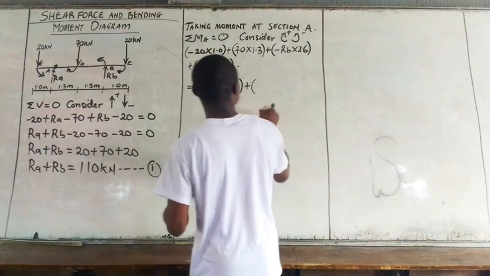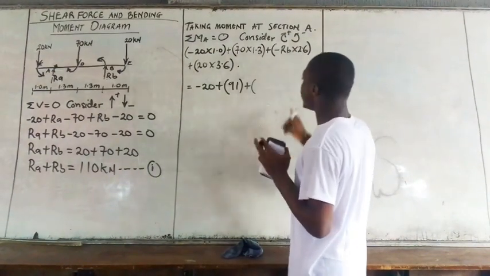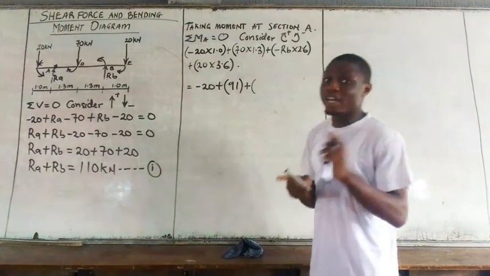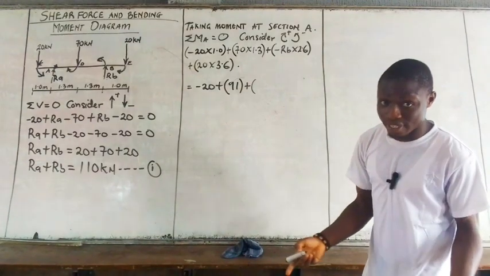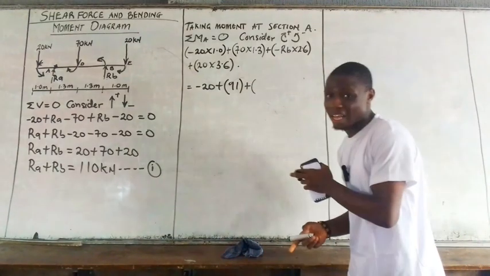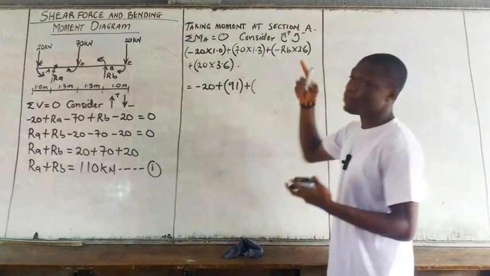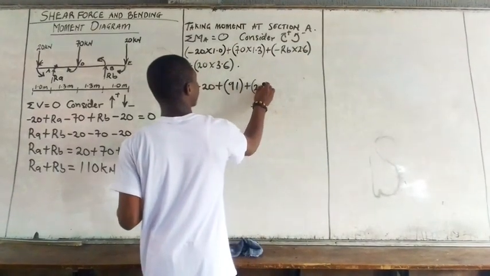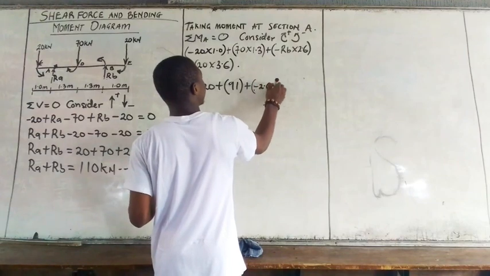Plus minus RB multiplied by 2.6. It becomes 2.6 RB. It is correct if you say RB 2.6, but it is not proper. In mathematics or in science, number comes before acronym. So I'll have minus 2.6 RB.